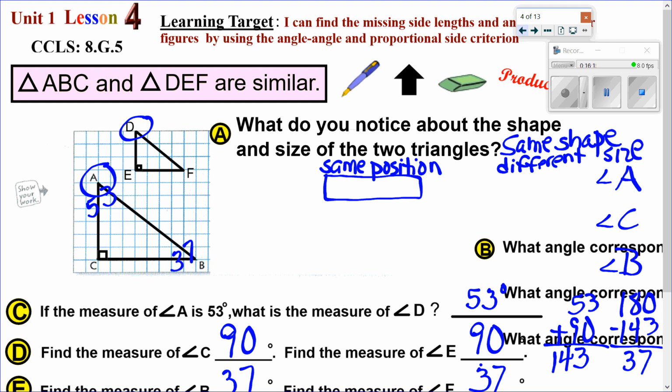We knew that angle A was 53 and angle D was 53. We knew angle C was 90 and E is 90. Right away, if two angles are equal to each other in similar figures, corresponding angles are equal, you know they're similar because the third angle, you're going to get the same number when you subtract it from 180.